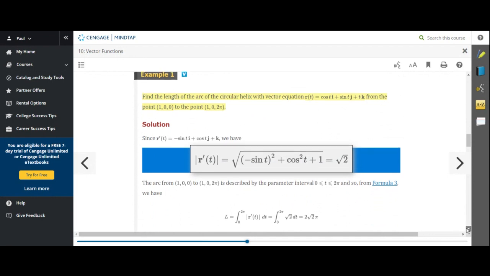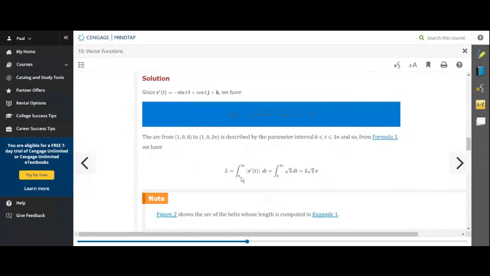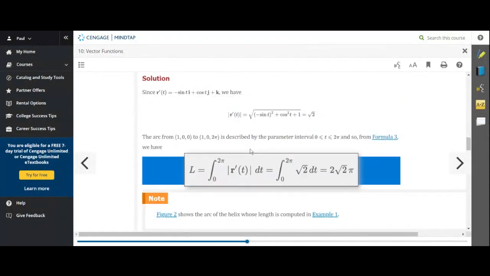And so to apply the arc length formula, all we need to do is just apply the formula. Incidentally, t goes from 0 to 2 pi because when t equals 0, you're at the point 1, 0, 0, and when t equals 2 pi, you're at the point 1, 0, 2 pi.